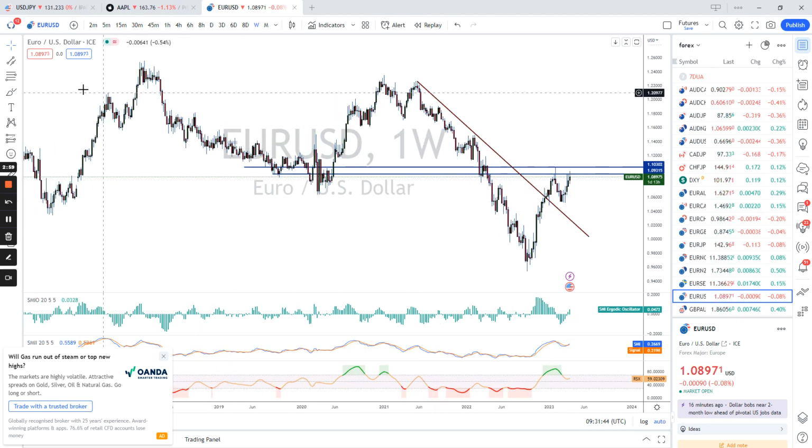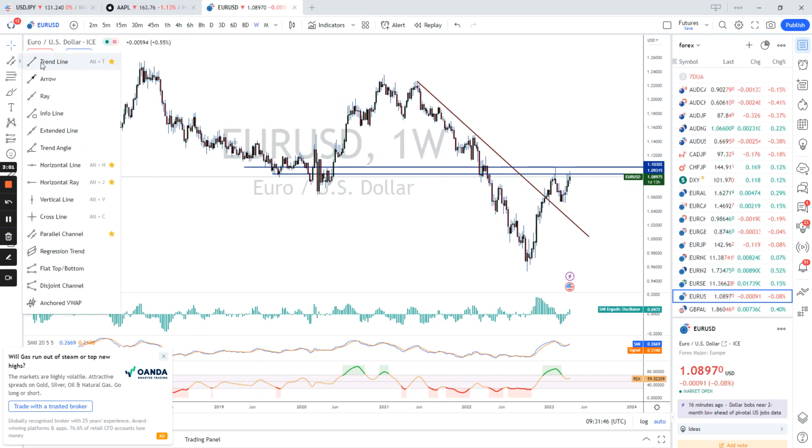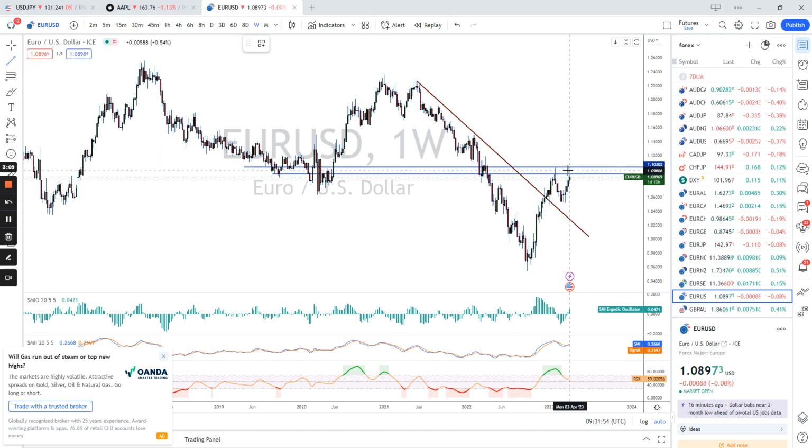So this could be, like with the DXY, a kind of a consolidation triangle before an upside swing higher.